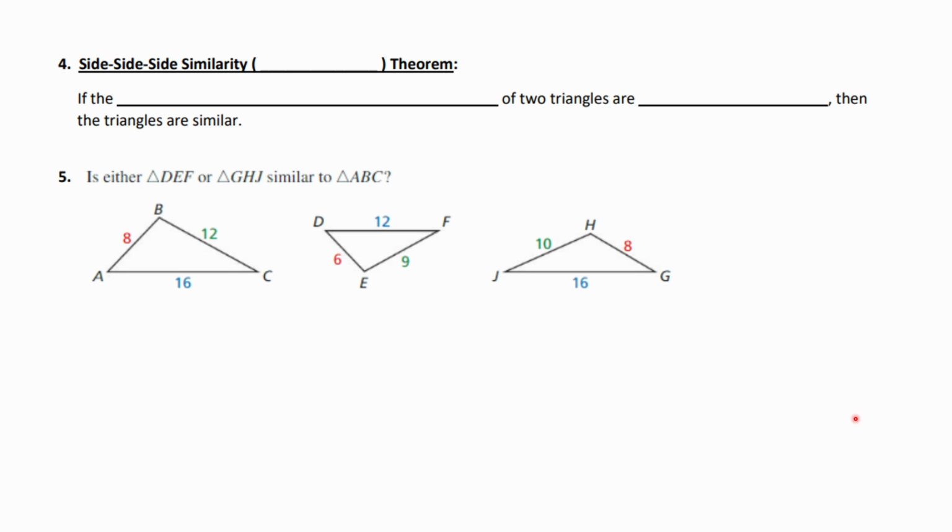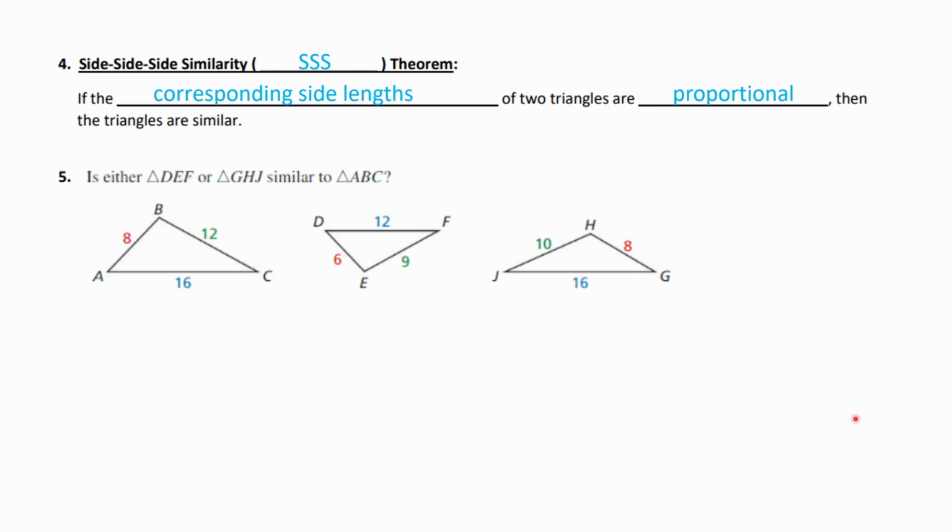Number 4 gives us another similarity theorem, the side-side-side similarity theorem, or SSS for short. It states that if the corresponding side lengths of two triangles are proportional, then the triangles are similar. We do need to show this for all three sets of sides.